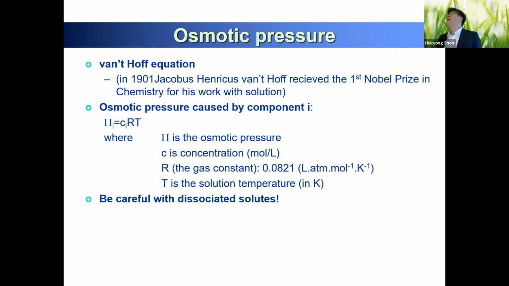It's very simple: pi, osmotic pressure, is equal to C, concentration, times R, the ideal gas constant, times T, temperature. With higher temperature, more of your ions dissolve because of solubility, and then you have higher osmotic pressure. High temperature, high osmotic pressure. Low temperature, low osmotic pressure.